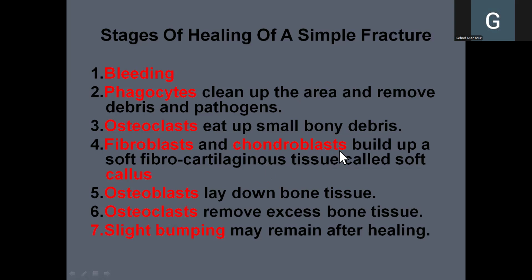So the chondroblasts do the main job. They do the actual building of the cartilaginous tissue. And as I said before, it's not because they are immature cells that they cannot carry out a function. On the contrary, the chondroblasts carry a very important function, which is the actual building of the cartilaginous matrix around them. And then gradually we have a soft callus.